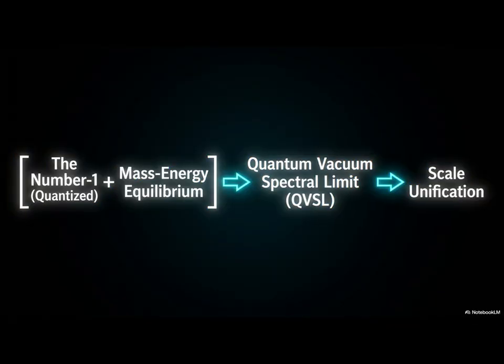Starting with method 1, we've seen how the unit harmonic operator is an exact Fourier series using only odd harmonics. It oscillates around the value 1 with a tiny amplitude, that is, about 1 over n. We use this level for quantum scales, thereby deriving the quantum vacuum spectral limit, particle radii and discrete acceleration quanta.